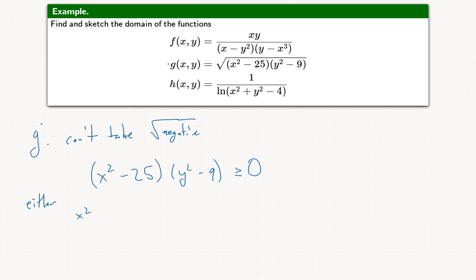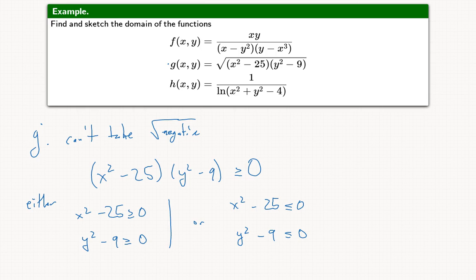Either x squared minus 25 is greater than or equal to 0, and y squared minus 9 is greater than or equal to 0, or x squared minus 25 is less than or equal to 0, and y squared minus 9 is also less than or equal to 0. So either they're both non-negative or both non-positive.